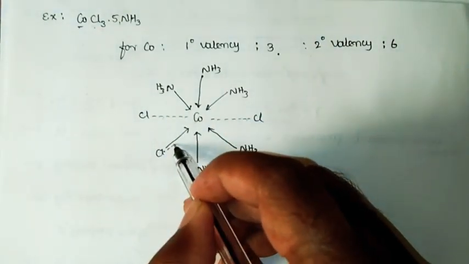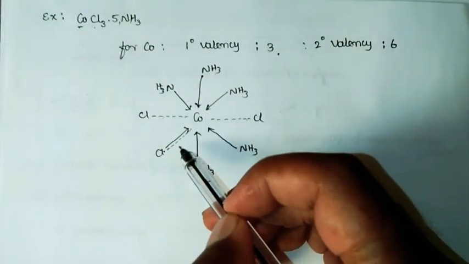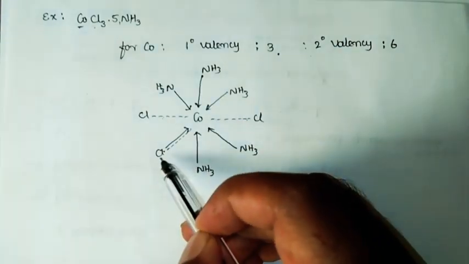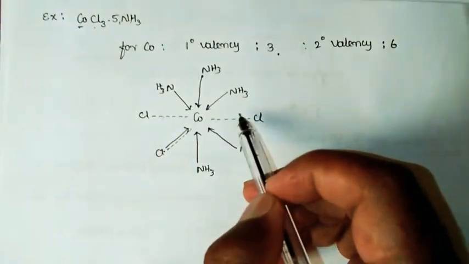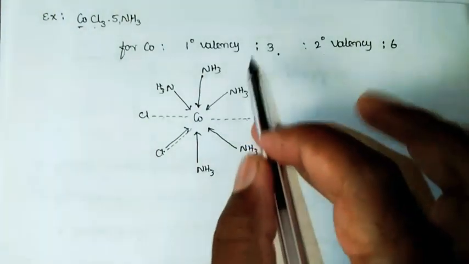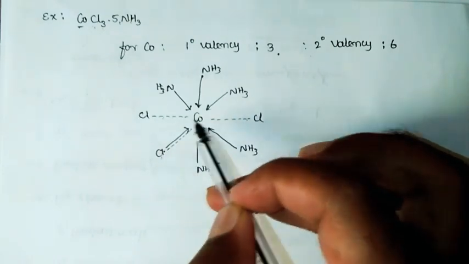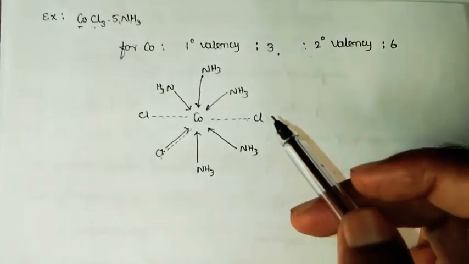So this will also be involved in balancing the primary valency of the central metal ion. So these 2 chloride ions are satisfying only primary valency, but this chlorine is satisfying both primary as well as secondary valency.